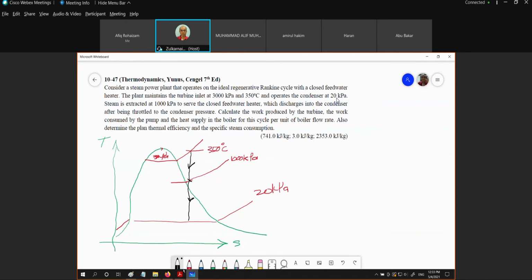Okay, so this is point 1, this is state 2, this is state 3, and we know that we bled some portion of the steam at pressure P2. And then if we could project our pressure, this is our pressure. And if we look at the pumping process, let me adjust this a bit.